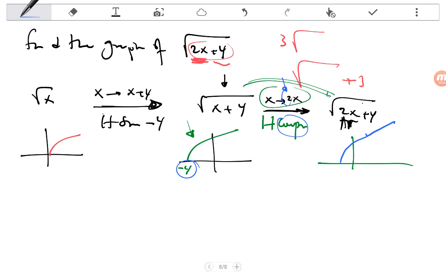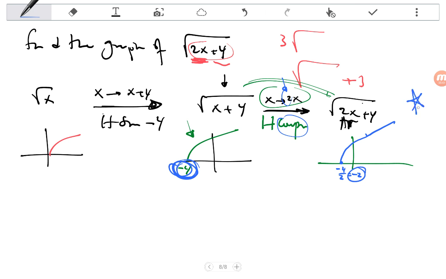Compression means it becomes smaller, so you divide negative 4 by 2, which is negative 2. So the new position of this point will be negative 2. Whenever I have any point that is not on the axis itself, I check: if you are making a compression, it will be divided by the factor. If you are making an expansion, it will be multiplied by the factor. Okay?